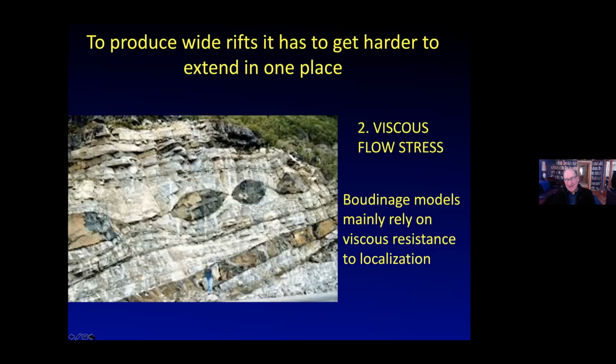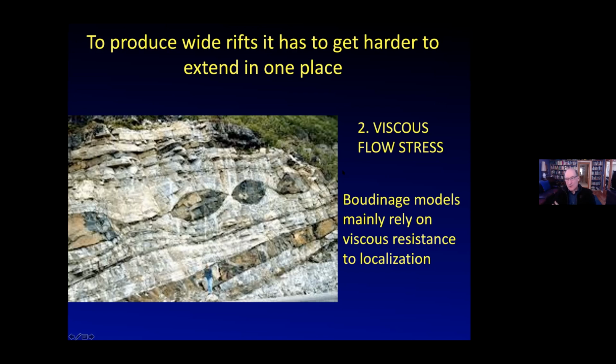All right, the second idea I want to just quickly mention, and it may play a bit of a role in wide rifting, but probably not terrific, is related to boudinage. And so these are classic boudins, sausage structures in rocks. Here's a very grainy picture of a person for scale, but they happen at a range of scales.